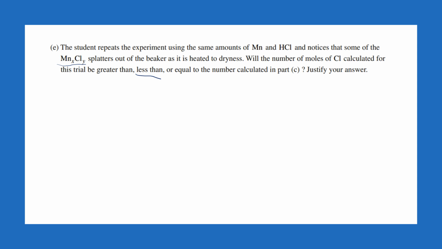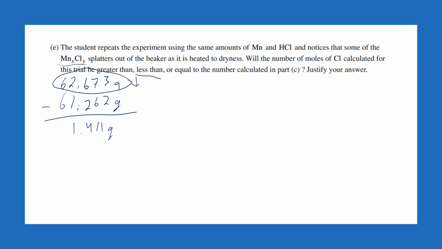So imagine you had your original mass of just the beaker and the Mn was 61.262, the beaker and just the manganese, and then our final mass in the data table was 62.673 grams, and we subtracted to find the 1.411 grams. So if some of it splattered out, then this mass here would be smaller. So there would be a smaller difference in mass. And then when you went ahead and calculated the moles of the chlorine, that would be smaller as well.